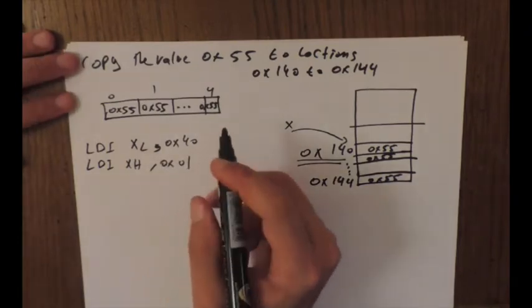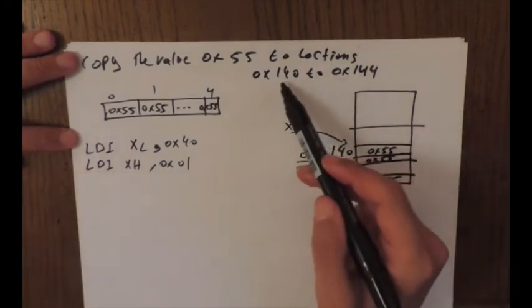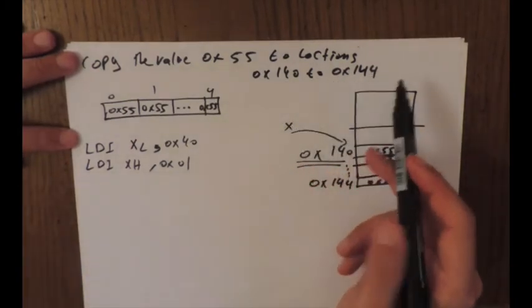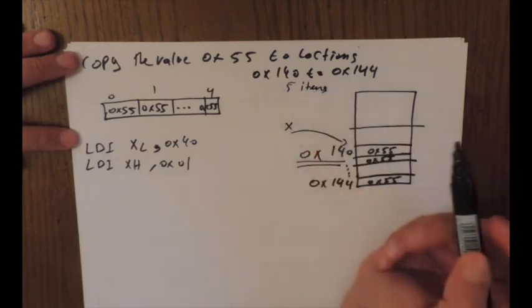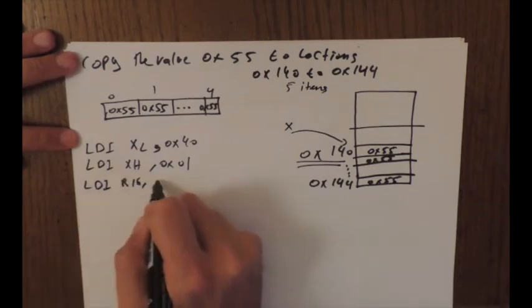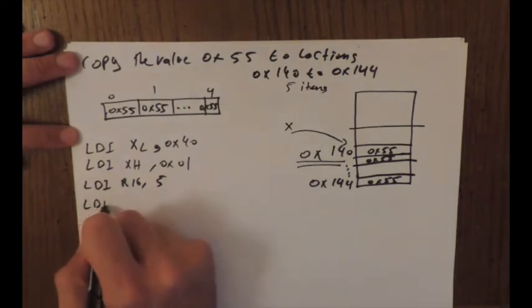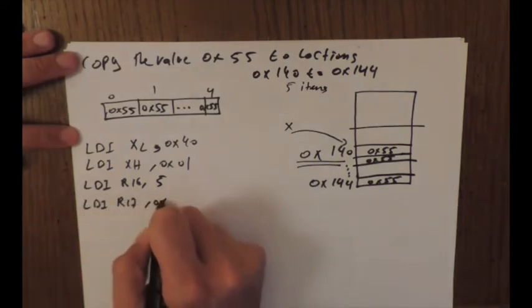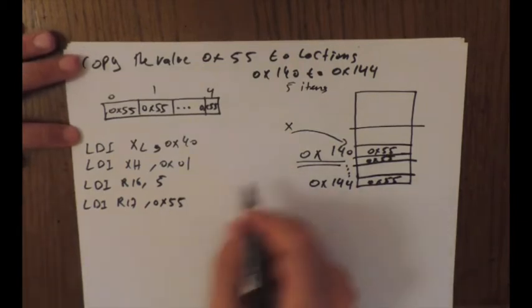Then I need to do a loop. How many values are from 140 to 144? These are 5 items, so I need to loop for 5, and then I need the value that I need to save in each register. Then I'm going to loop.